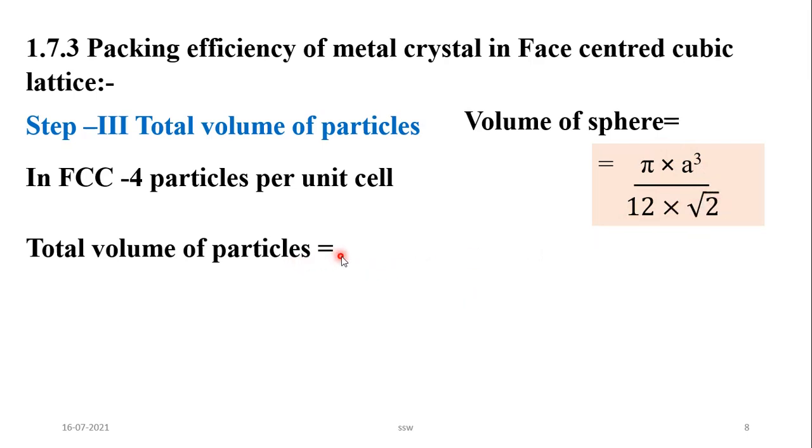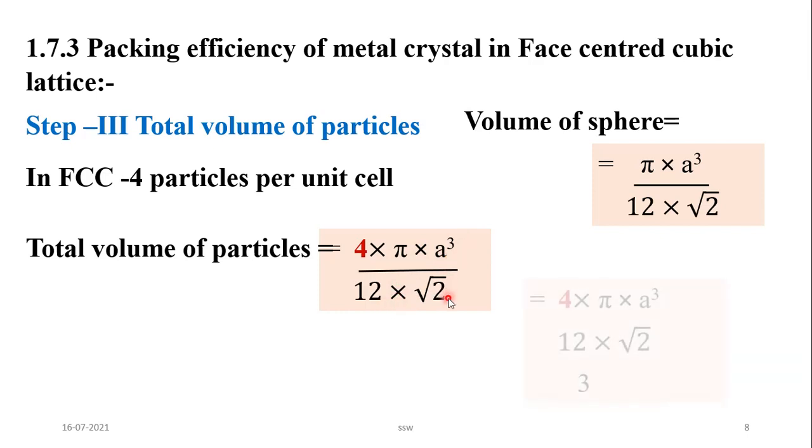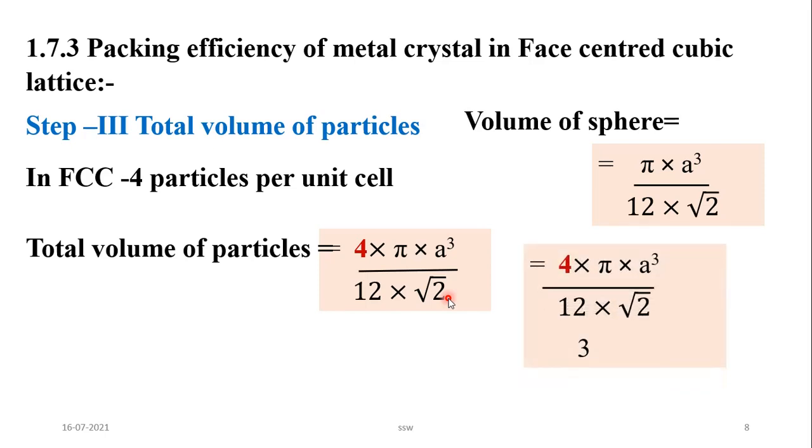Now, to calculate the total volume of the particles, we have to multiply this quantity by 4, because here 4 particles are there. So 4 into pi into a cube divided by 12 into root 2. If you simplify this, then we get pi into a cube divided by 3 into root 2.